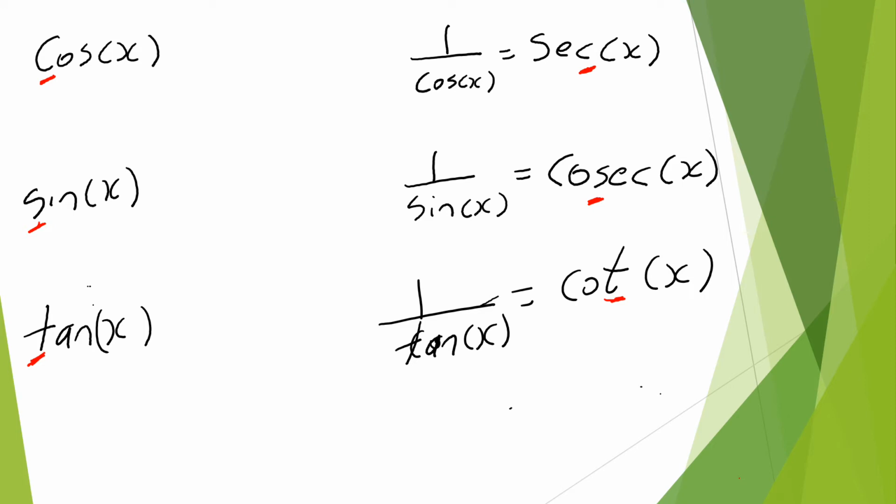Proving a trig identity is either working on the left hand side and simplifying to get the right hand side, or you start with the right hand side and simplify to get the left hand side, or you simplify both sides separately until you get the same answers on both sides. So we're going to do a lot of trig identities this week.